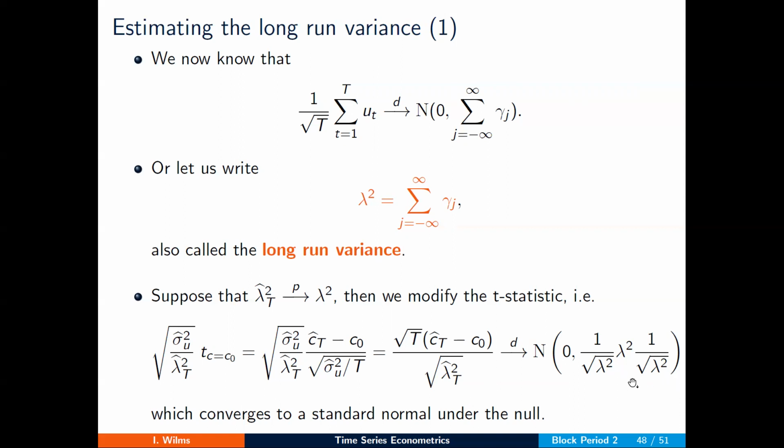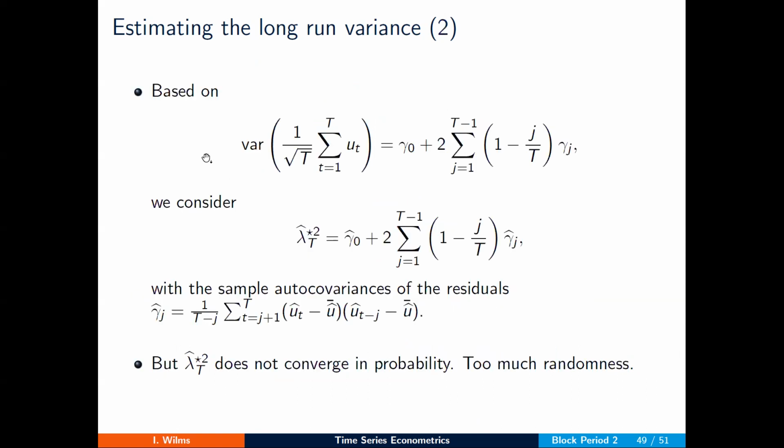And as we can see, this just simplifies again to a standard normal distribution. And that's good because we have again valid inference when the error terms are serially correlated, if we take the long-run variance into account.